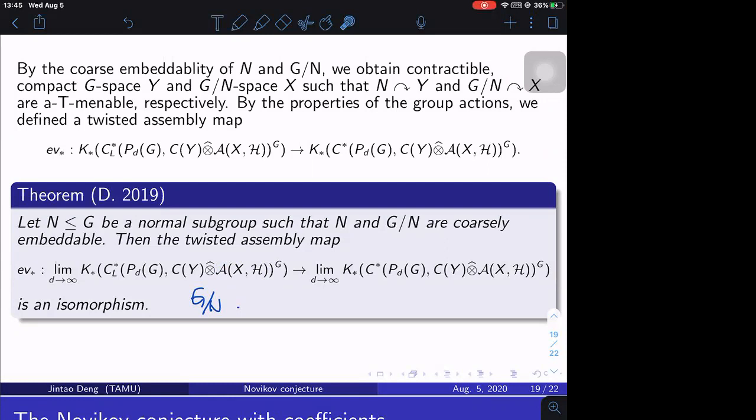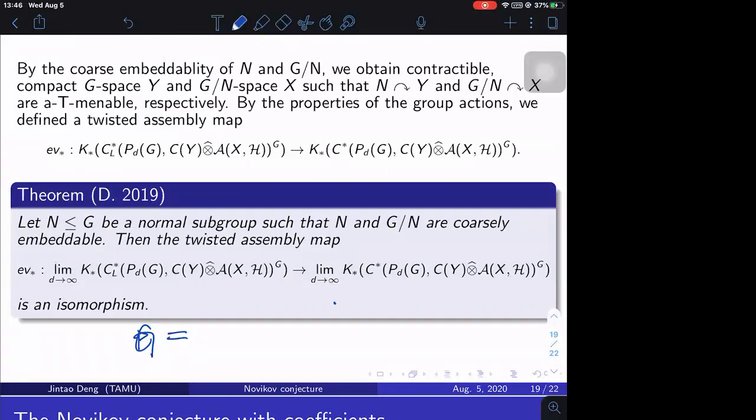Because of the definition of the Roe algebra and the localization algebra, we can do the cutting and pasting on the Rips complex of G. We will cover the Rips complex of G with a disjoint union like the Rips complex of the cosets. Maybe we don't have to worry about the Rips complex.